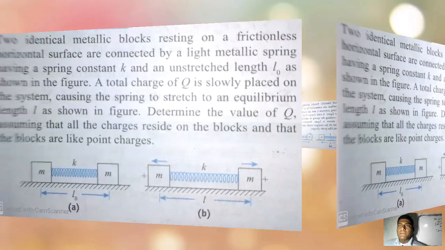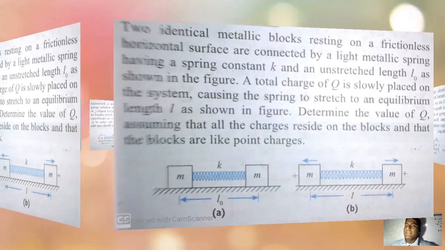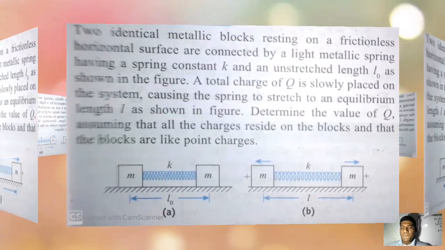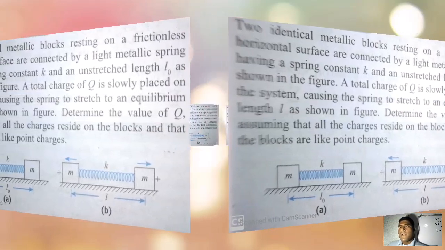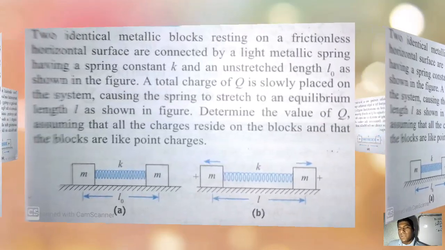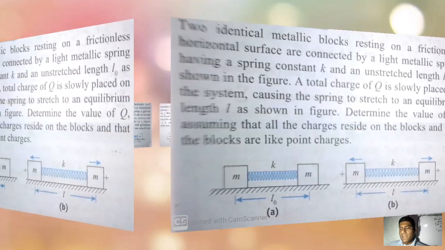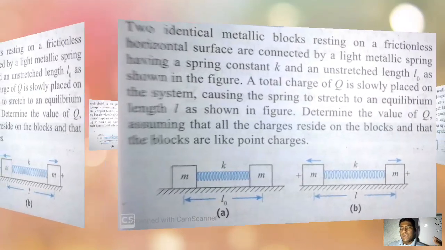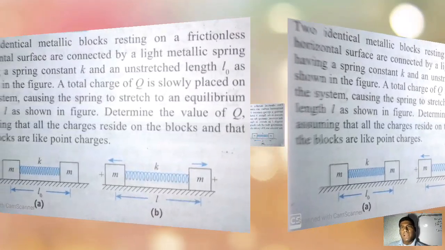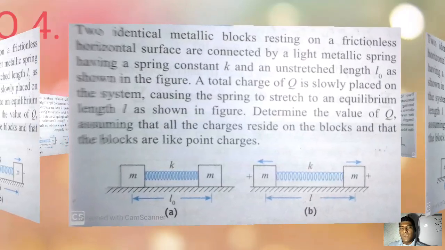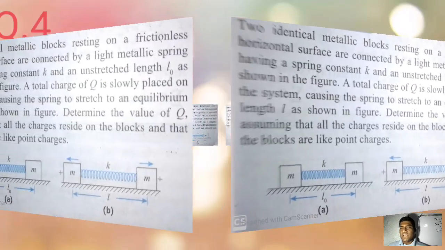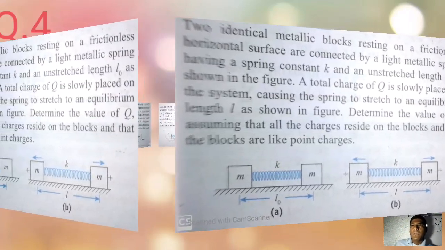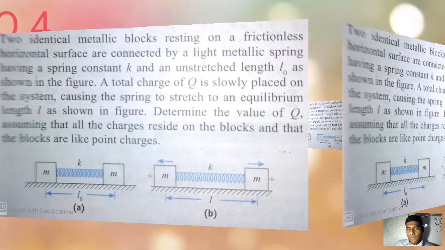The spring has spring constant K and unstretched length L0 as shown in the figure, and a total charge of capital Q is slowly placed on the system, causing the spring to stretch to an equilibrium length L as shown in the figure. Determine the value of Q assuming that all the charges reside on the blocks and that the blocks are like point charges. Okay, now let's see the solution of this problem.